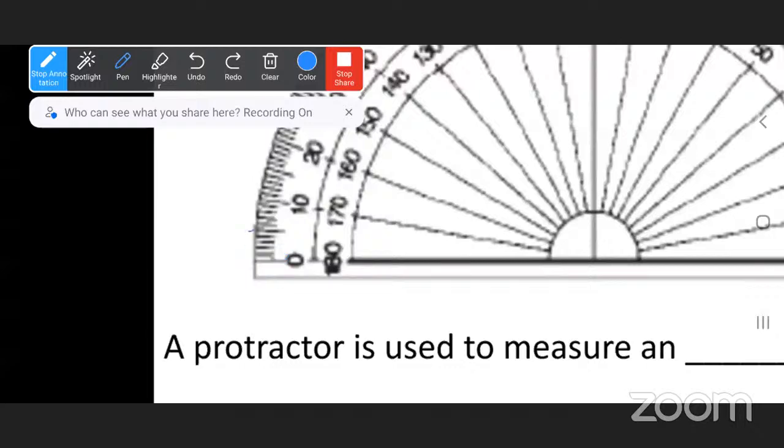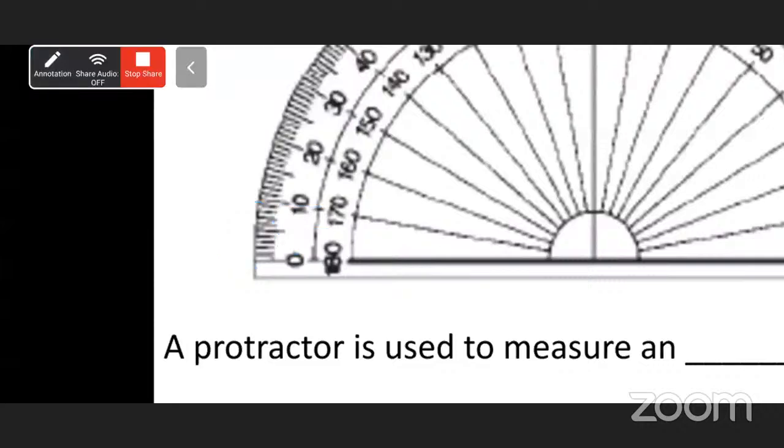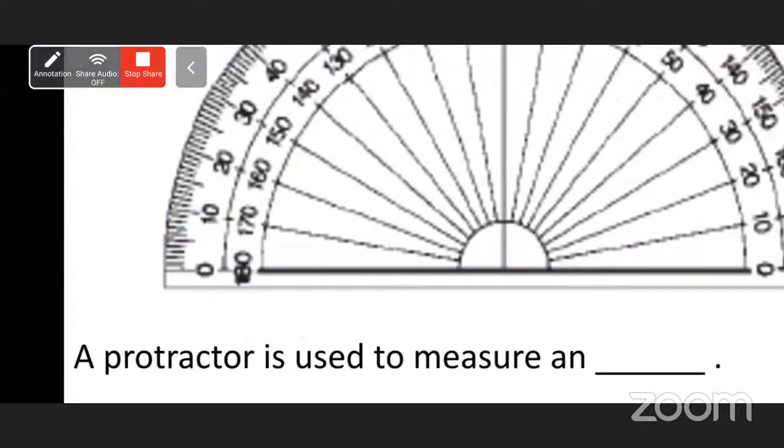In between, a total of 5 degrees are present, and this indicates a total of 10 degrees. Starting from 0, 1, 2, 3, 4, this indicates 5 degrees, 6, 7, 8, 9, and this indicates 10. This is how the degree is.